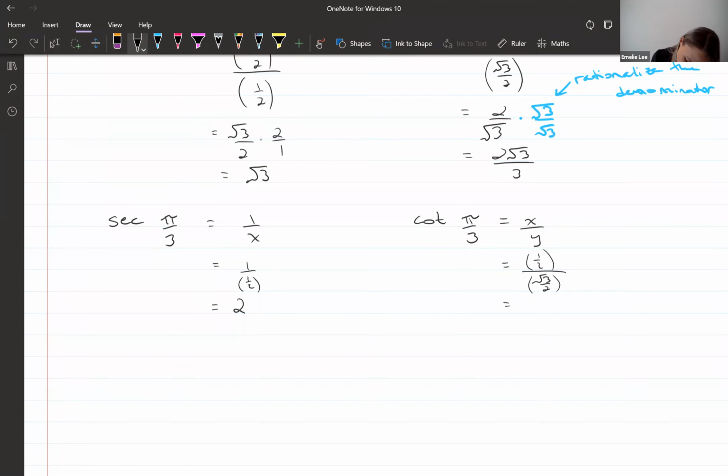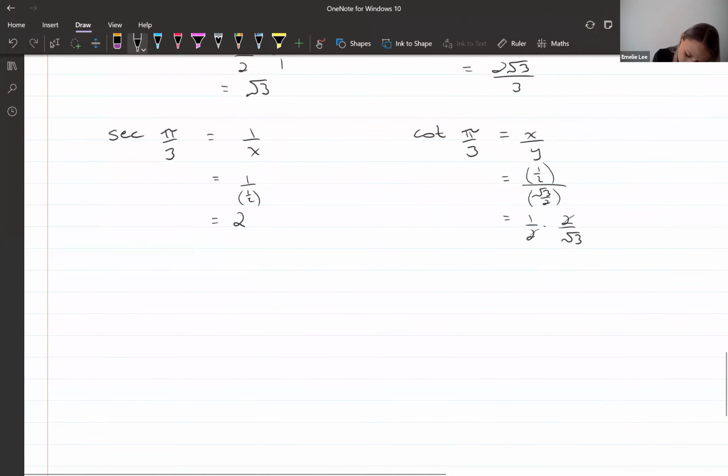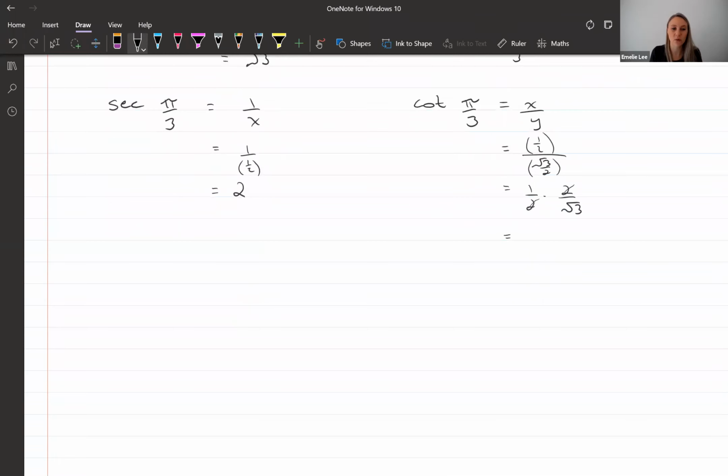And so I get 1/2 times 2 over root 3. This 2 is going to cancel with this 2. And then what I have to do is move that root 3 upstairs to the numerator. And so I'm going to multiply by root 3 over root 3 until I finally have root 3 divided by 3.